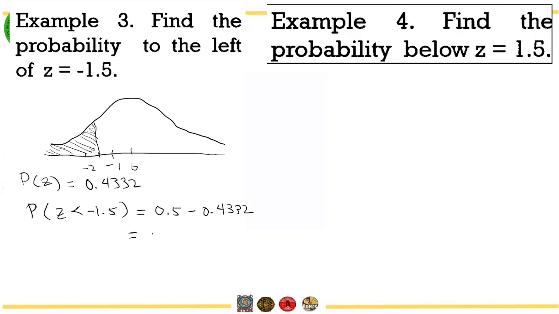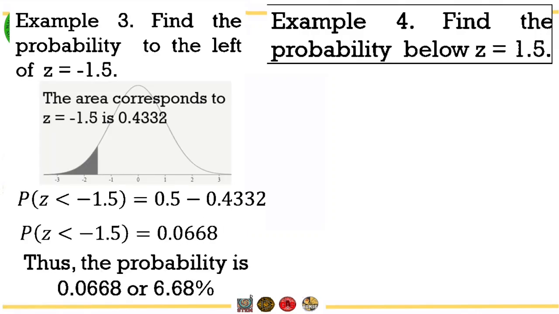The area is 0.0668. Okay, clear? Let's see the presentation. Thus the probability is 0.0668 or 6.68%.